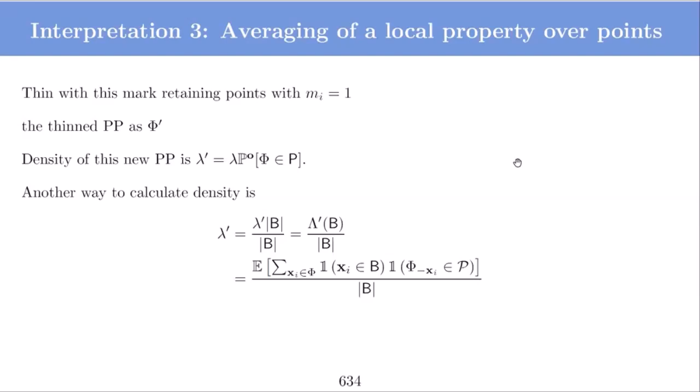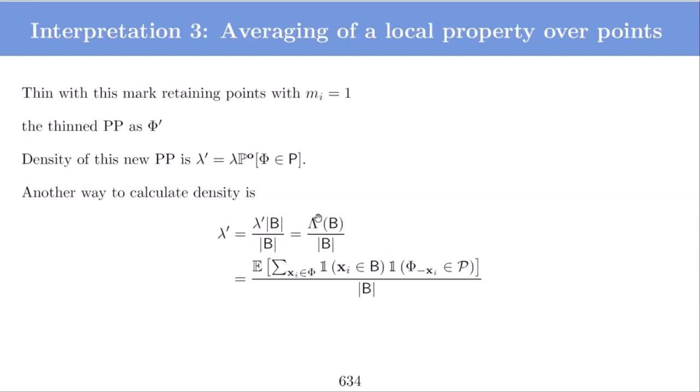And if you compute the fraction, then basically you have to divide by the total number of points, right? So now lambda dash I can write as lambda dash b divided by b, right? So this b cancels. So lambda dash is equal to lambda dash b divided by b, right? And lambda dash b is nothing but the intensity measure of b, right?